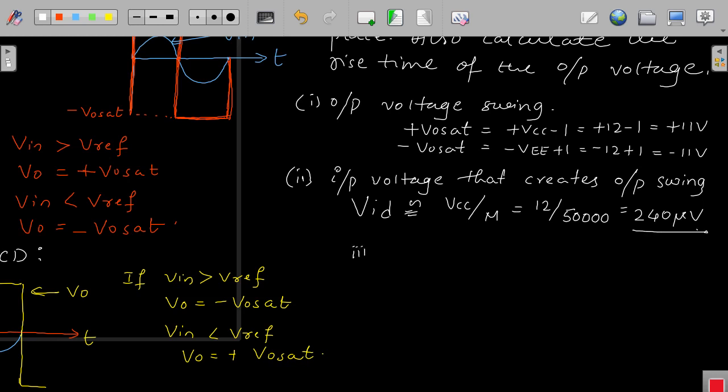Now the third part, that is the rise time. Delta T is equal to delta V naught divided by S. Please calculate.